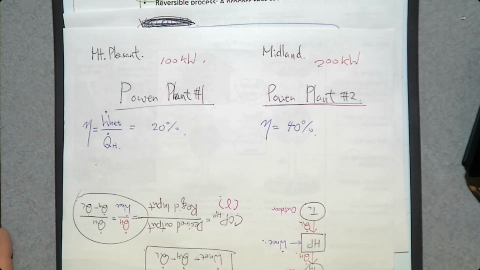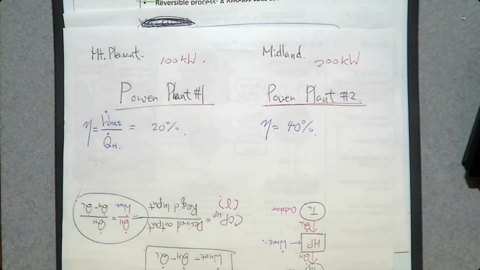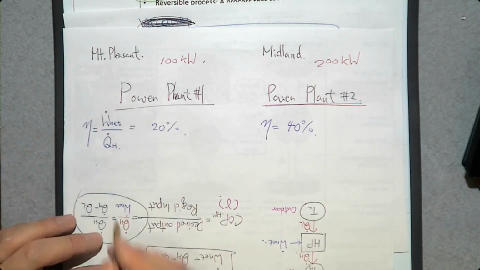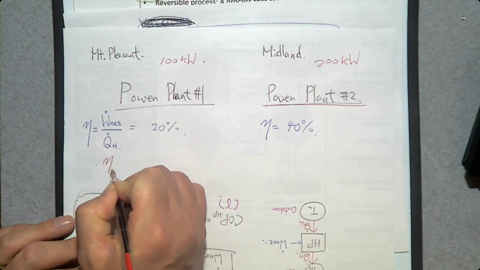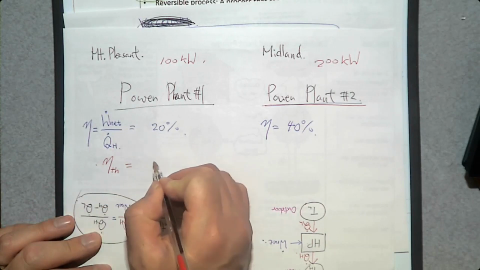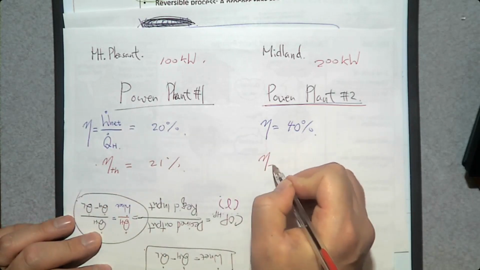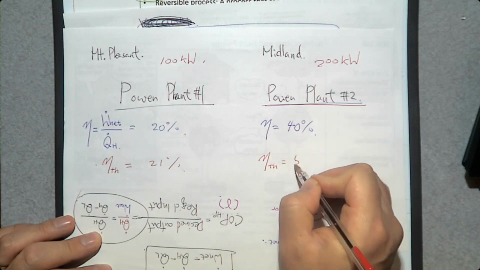If you can determine the ideal power plant cycle, so let's say now I know how to evaluate the maximum possible efficiency for this power plant number 1. So this is a theoretical maximum. The efficiency in theory is 21%, and the efficiency in theory here is going to be 55%.